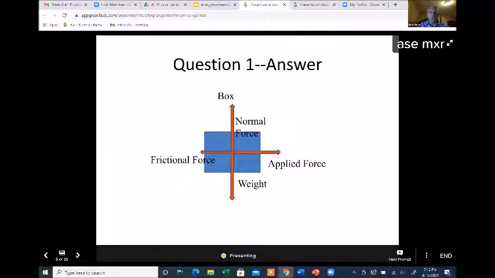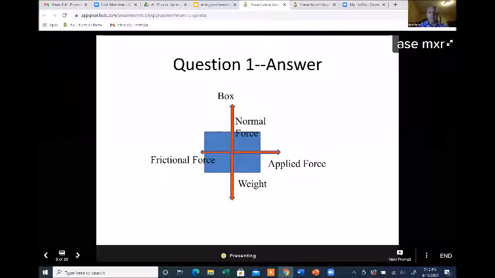Weight always acts straight down. In this problem, the box was sitting on a flat horizontal surface. If that's the case, you're also going to have a normal force equal to, but opposite of, the weight. So this normal force arrow up top should be the same length as the weight arrow, and they should be completely opposite of each other.